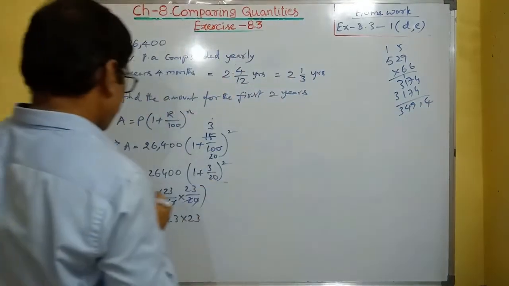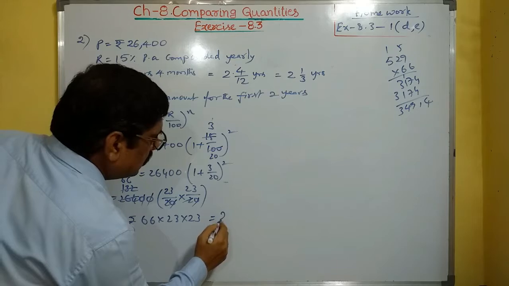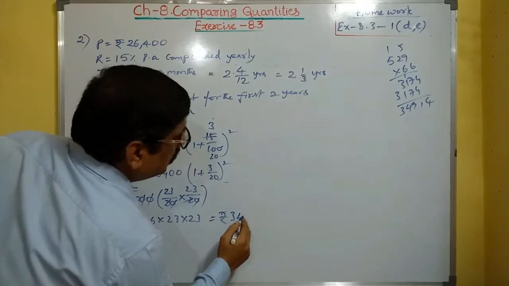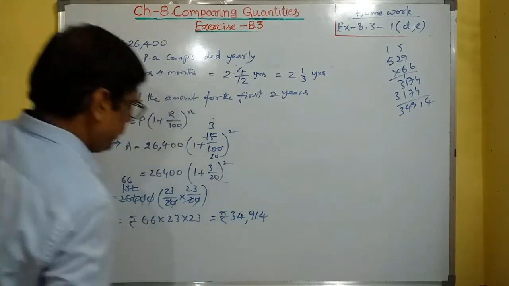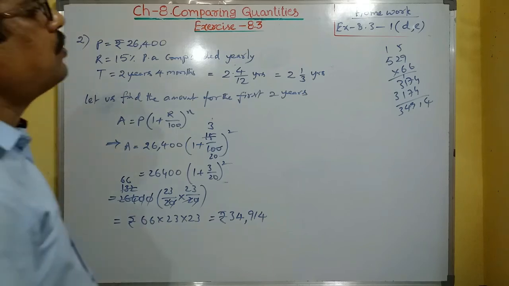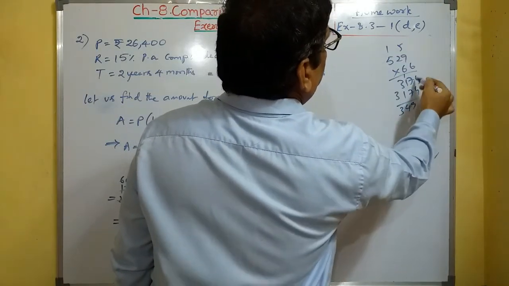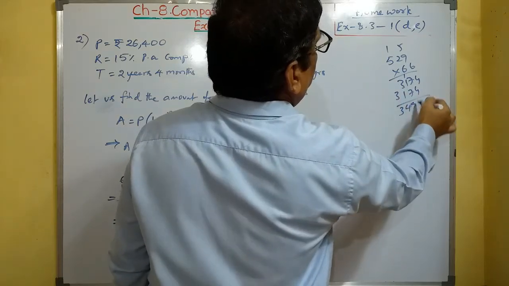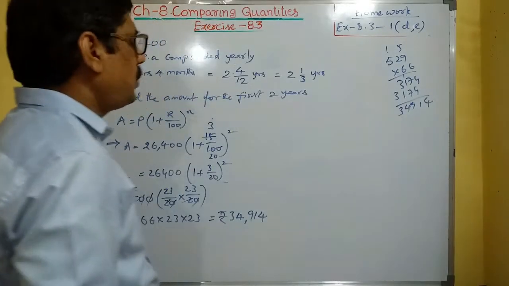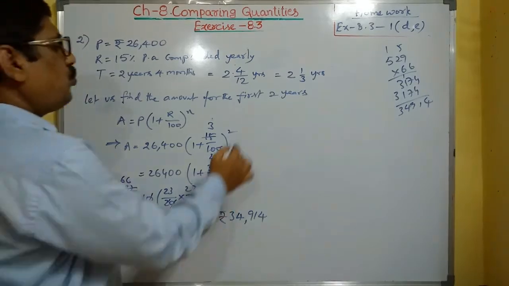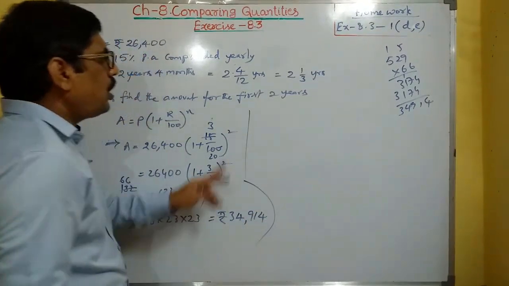We get 34,914. Okay, correct. Now let us find the remaining time.